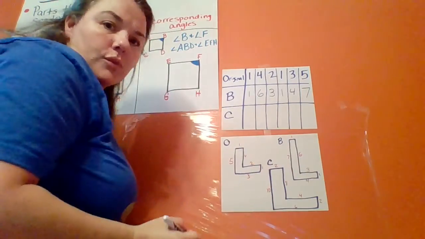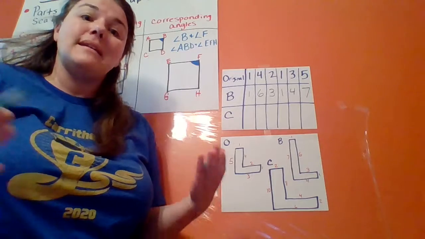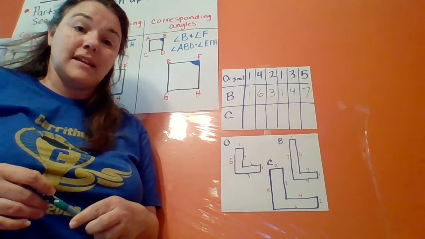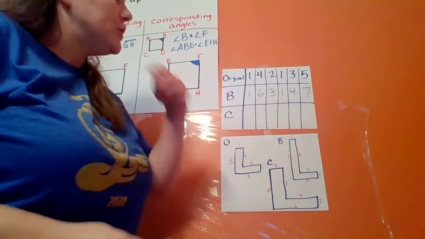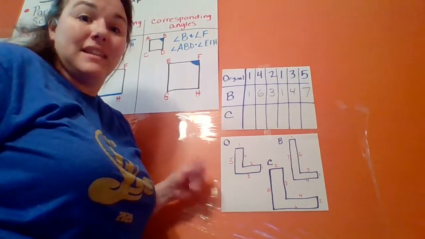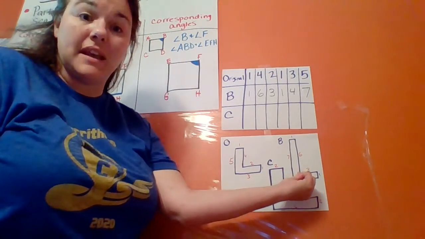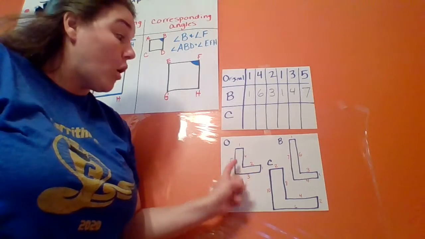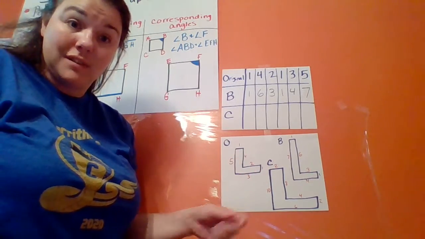Okay. So now what I would like to do is just look at those numbers to see if B is in fact a corresponding figure. So one thing that you have to know is this. In order for B to be a scale copy of O, all the lengths of the sides have to change in the same way.